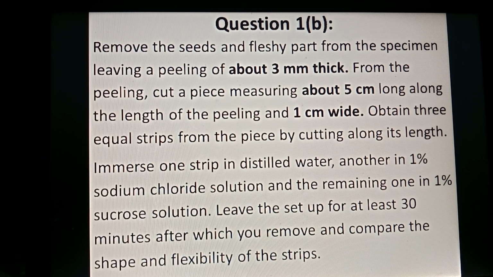Immerse 1 strip in distilled water, another in 1% sodium chloride solution, and the remaining one in 1% sucrose solution. Leave the setup for at least 30 minutes, after which you remove and compare the shape and flexibility of the strips.